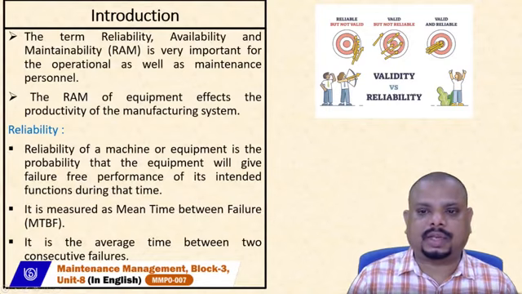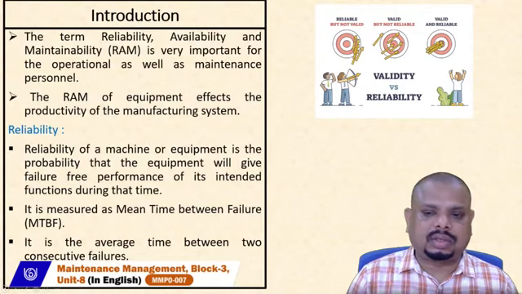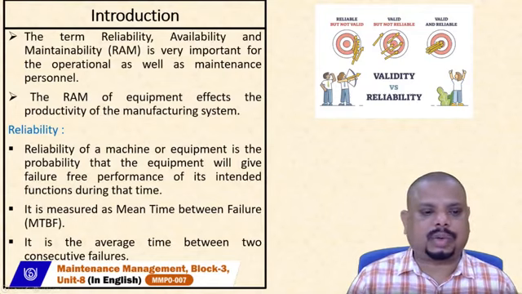It directly represents valid but not reliable. And if you observe the last figure, the 5 arrows are all focused on or directly touch the target. That means valid and reliable. This concept is also applied in maintenance management.